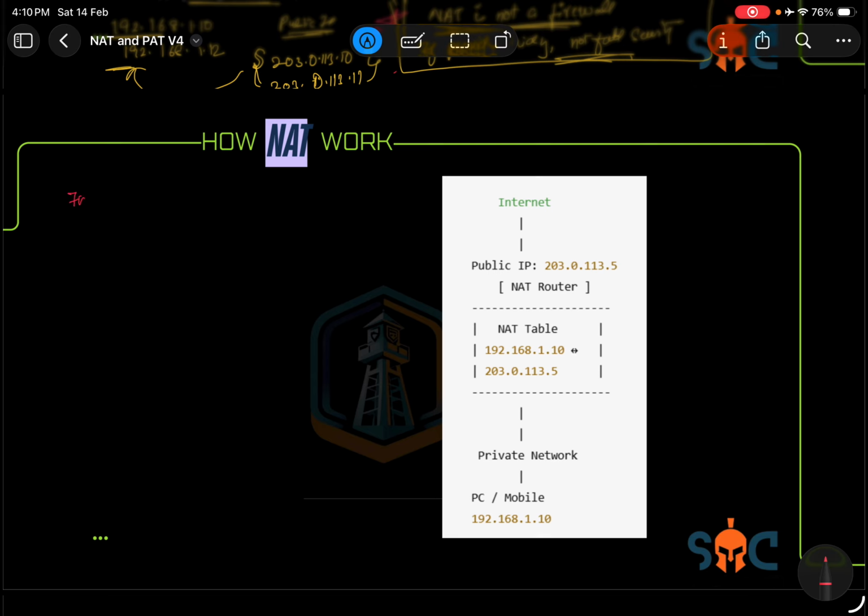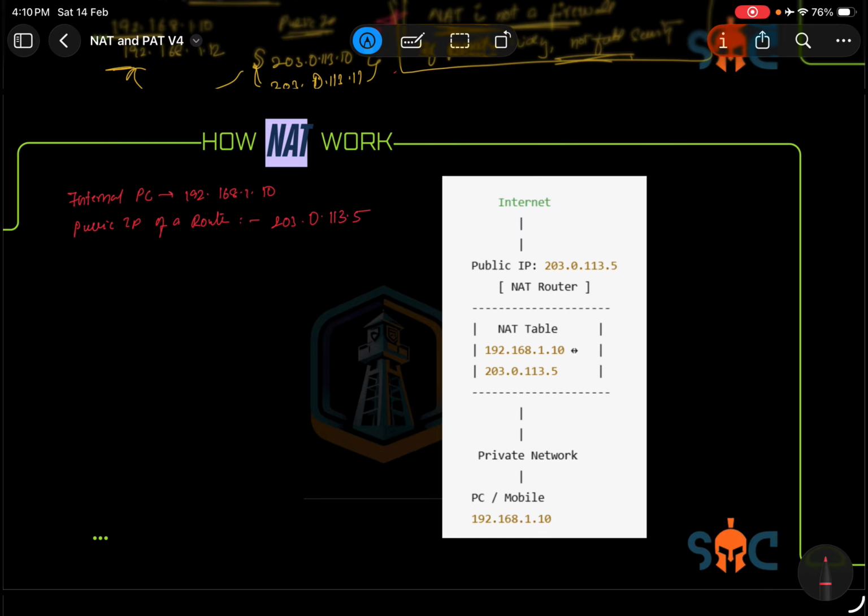Let's take an example: an internal PC which is assigned a private IP, that is 192.168.1.10, and the public IP of the router, that is 203.0.113.5.